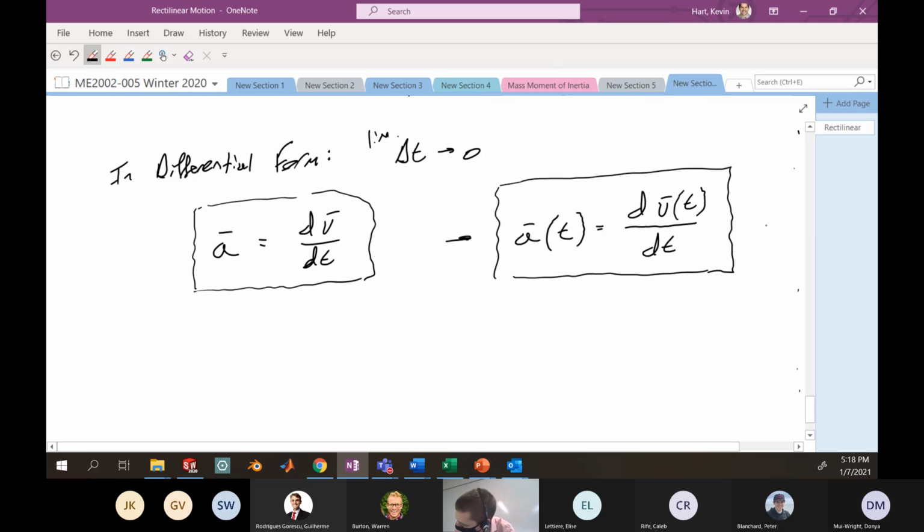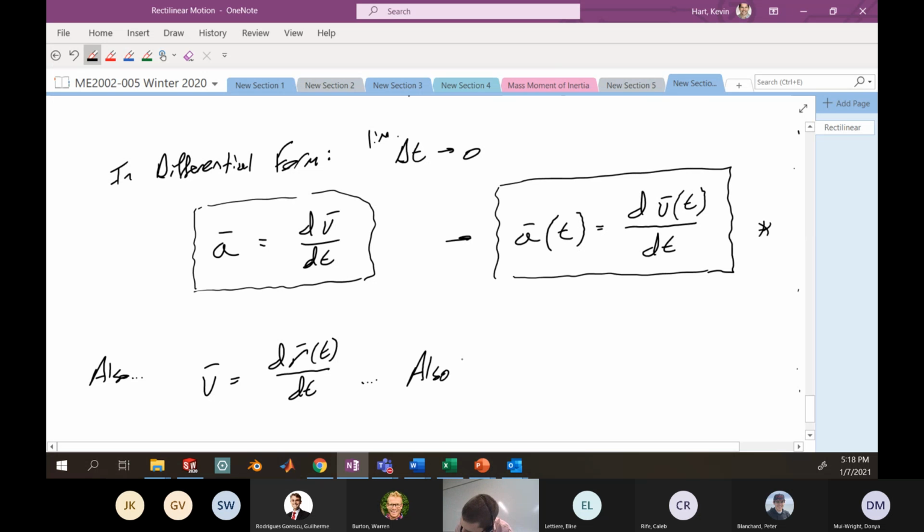So this is one form that you might see. Also, we know that the velocity is the derivative of the position vector with respect to time.